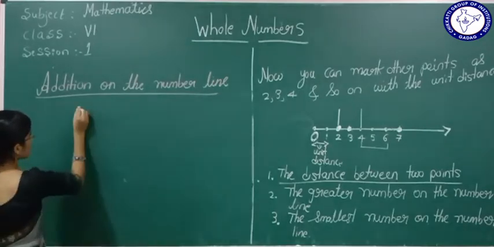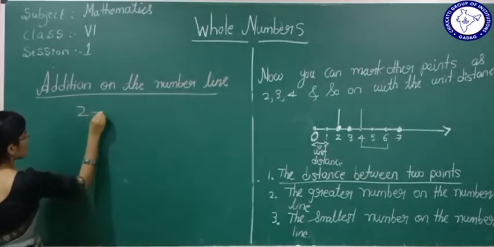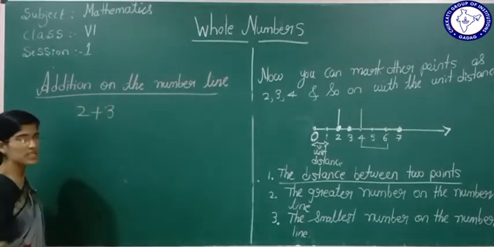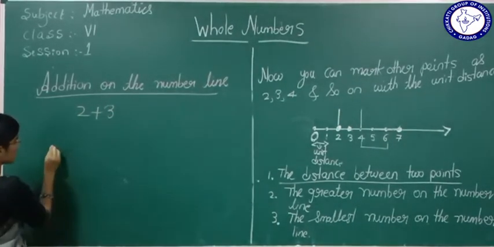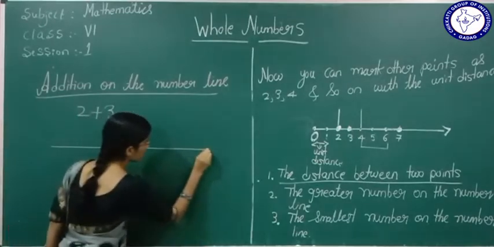If I ask you what is 2 plus 3, you know 2 plus 3 is 5, but we will do it on a number line. We will draw the number line.